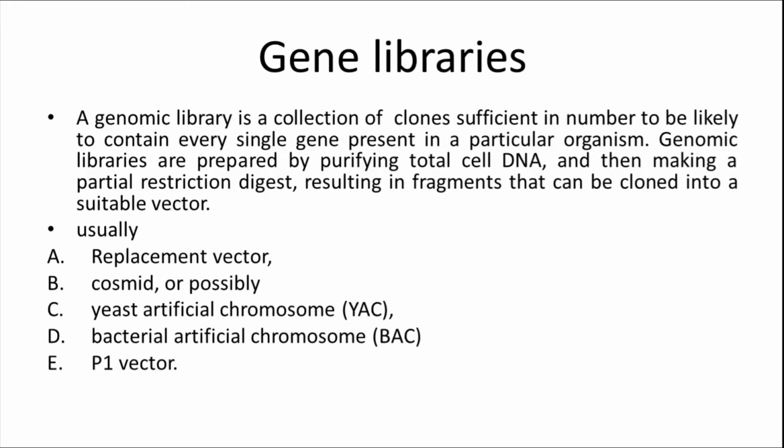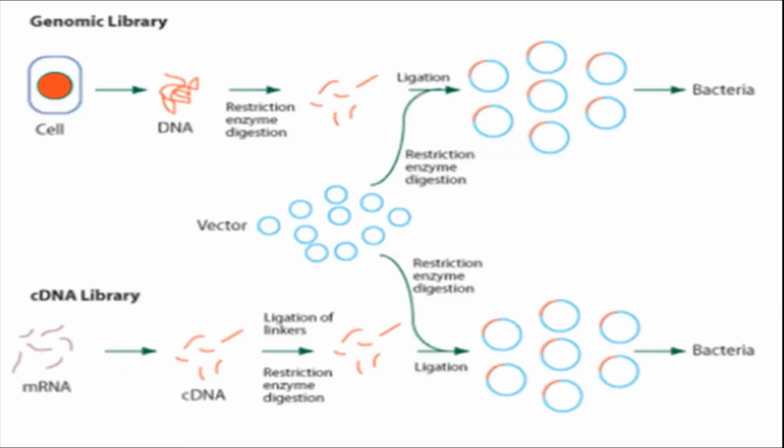Okay, so this is the basic difference between the genomic library and cDNA library. Library means a group of books placed in one room, denoted as a library. So it contains a variety of books, even a variety of titles, in a variety of combinations.